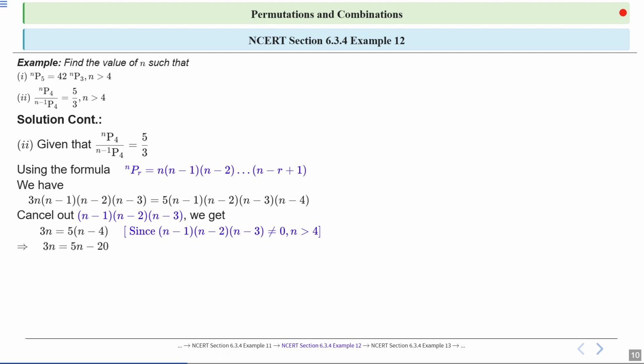It implies 3n is equal to 5n minus 20. Now we will rearrange it and we will get 2n equal to 20. So after simplifying, we will get the value of n is 10. So the final answer is 10. Therefore n is equal to 10 is the correct answer here.